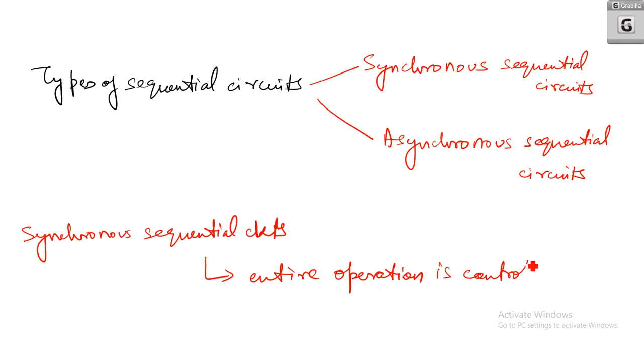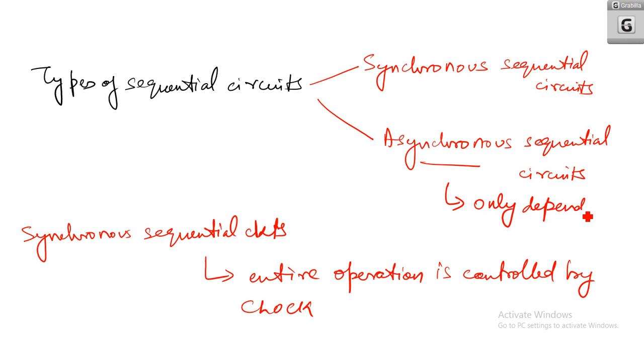Whereas in asynchronous sequential circuits, such kind of clock is not there. It only depends on the input. Whatever is the present input, it will act accordingly. Such kind of circuits are known as asynchronous sequential circuits.